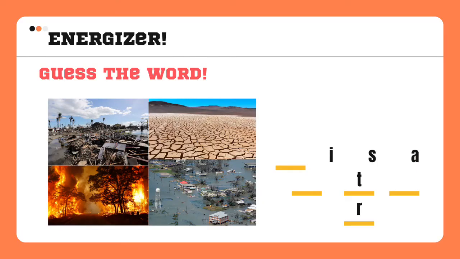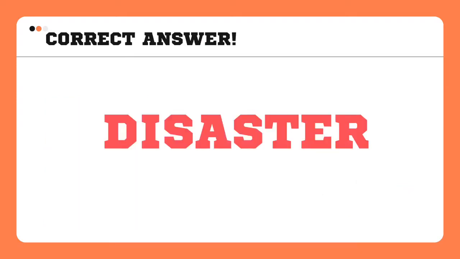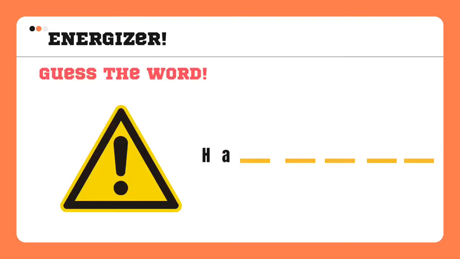But first, for our energizer, all you have to do is guess the word that goes with the picture on the screen. It is easy, so I hope you all get it right. First picture. Correct answer, disaster. Second picture.